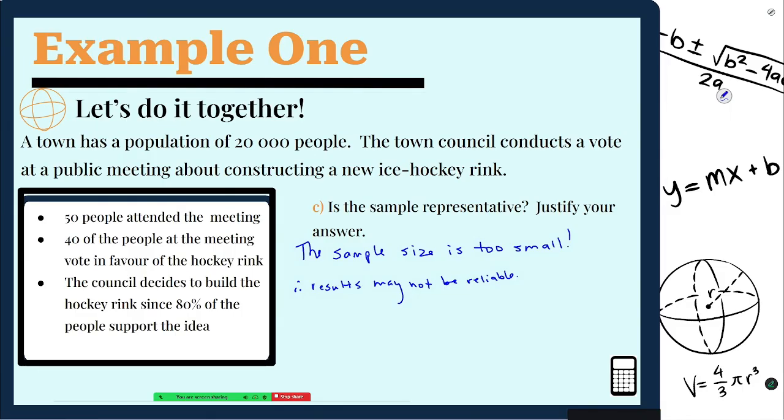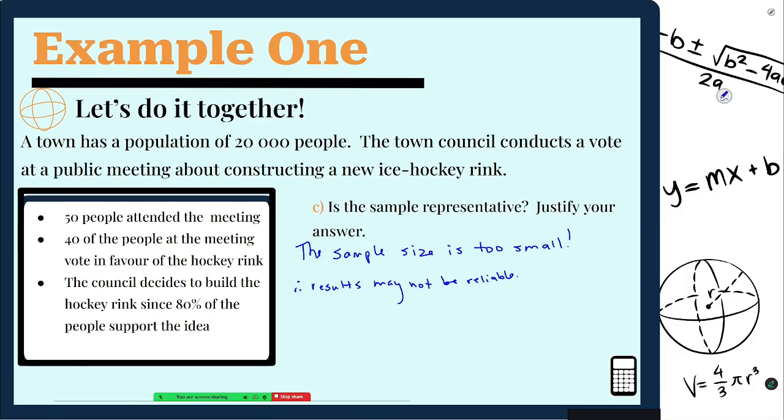If I don't care about a new arena coming, I'm not going to take the time off work to go. So you're already asking a very specific group what they want. So the people who are coming are the people who want it, they're pushing for it, so they're going to take the time, so then it will get pushed through and it can happen.